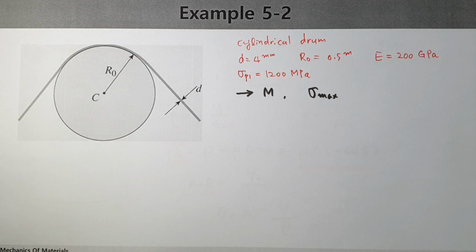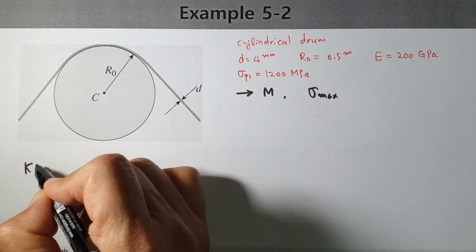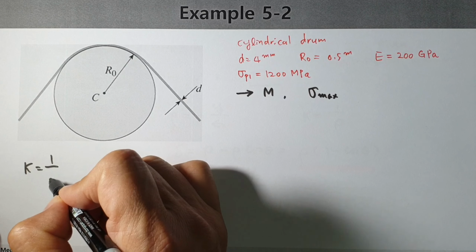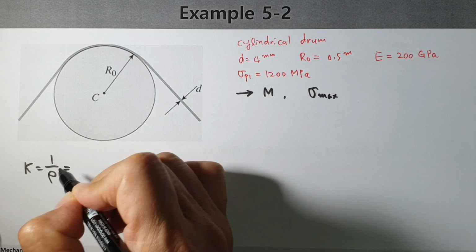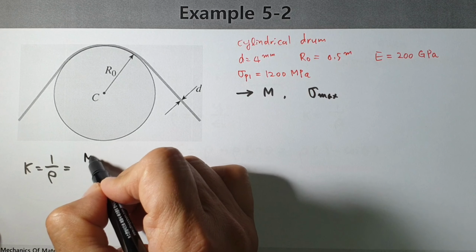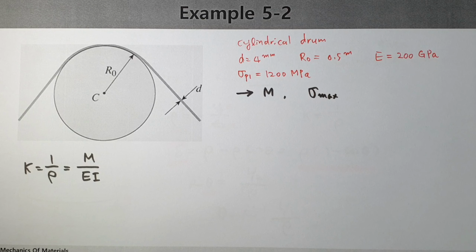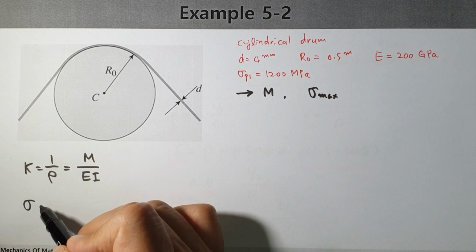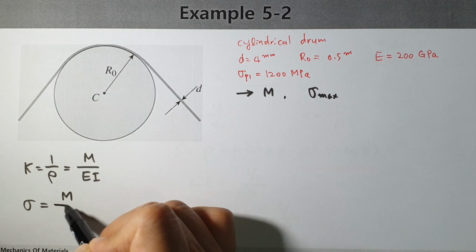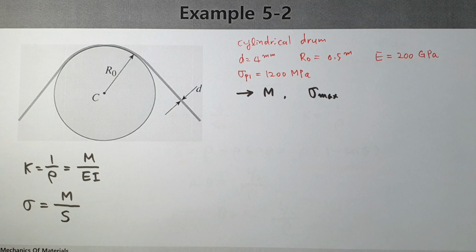Okay, in order to find the bending moment, at first let's consider a formula. Kappa equals 1 over rho, where rho is the radius of curvature, equals M over EI, and we can apply this formula. And another one, maximum allowable sigma equals moment divided by section modulus.